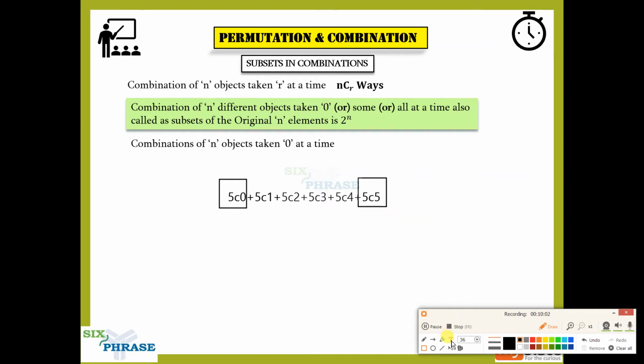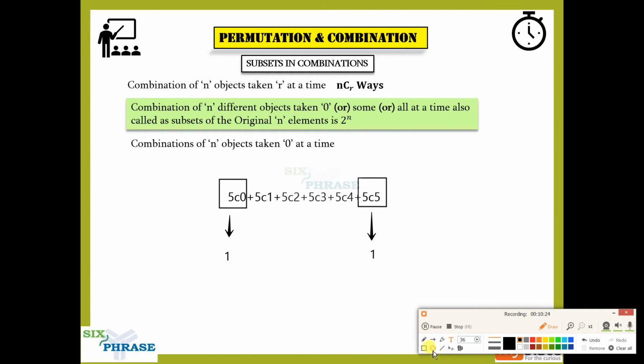So all elements and no elements, guys. These two things are always done in one way. The values of these things are always one. Now this is taking 0 things at a time, this is taking all at a time.